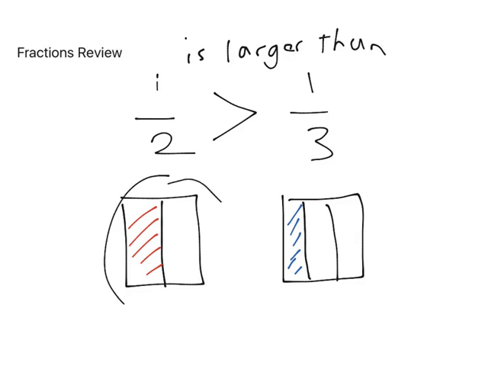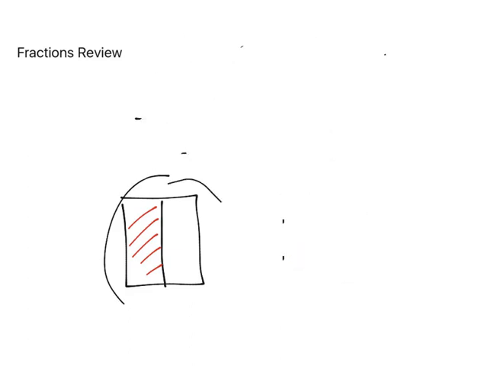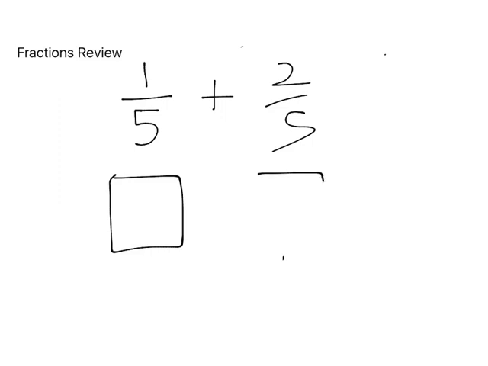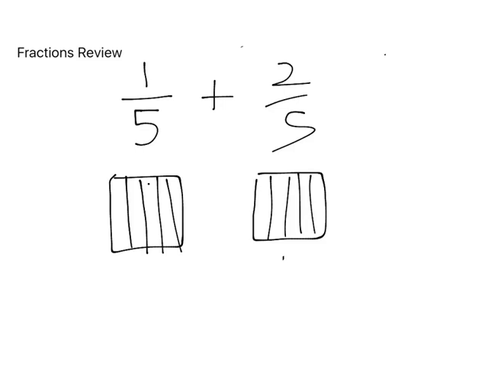Understanding fractions helps us figure out how to add and subtract them. For example, one-fifth plus 2/5. Once again, divide them into the pieces. 1/5 means 1 part. 2/5 means 2 of these parts.